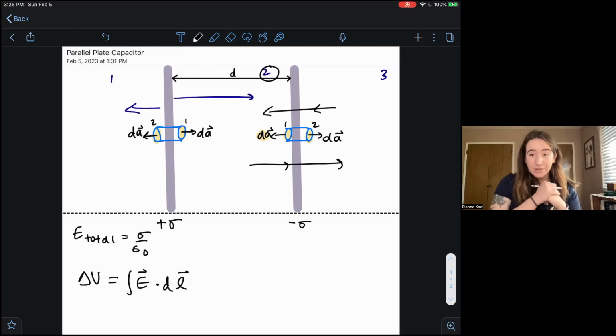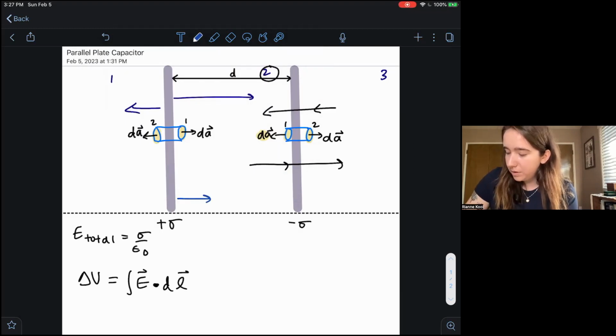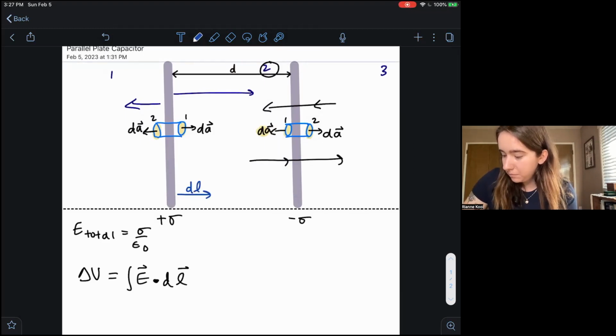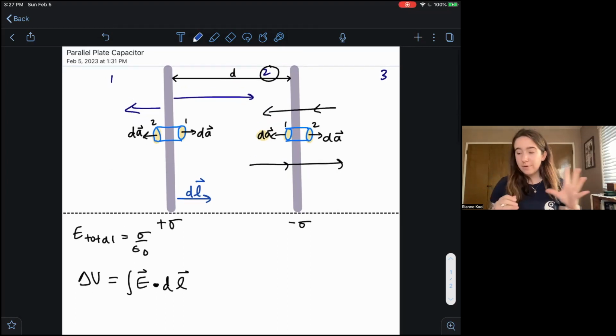Just like Gauss's law, we want this dl to point in the same direction as our electric field, because this is a dot product. So we want them to be in the same direction. We can imagine that we want our dl vector to go like this. It's flowing from positive to negative, just like the electric field is.